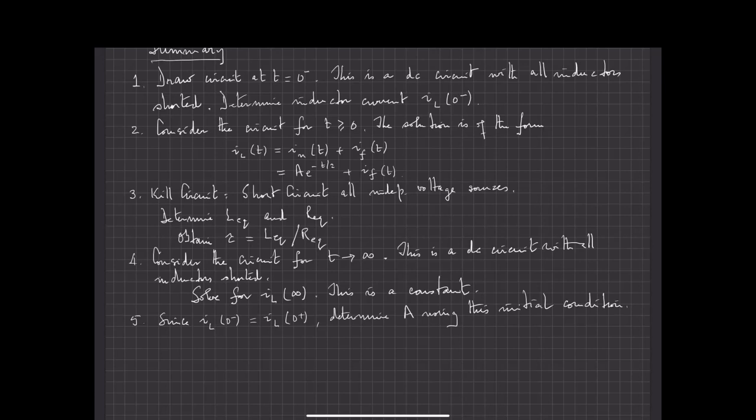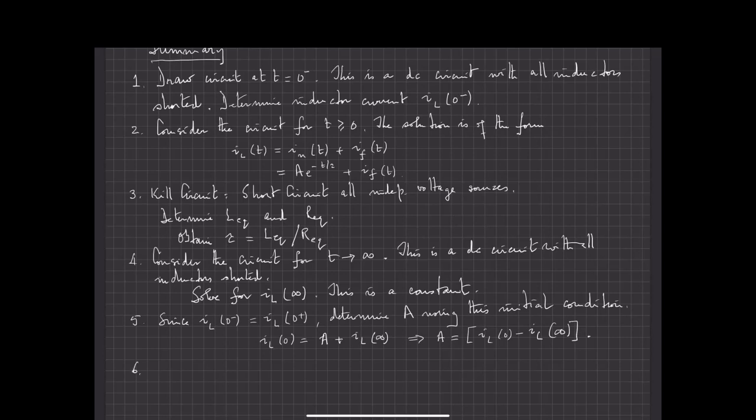Okay, so you have then IL at 0 equals A plus IL at infinity, and this immediately leads to A equals IL at 0 minus IL at infinity. Okay.